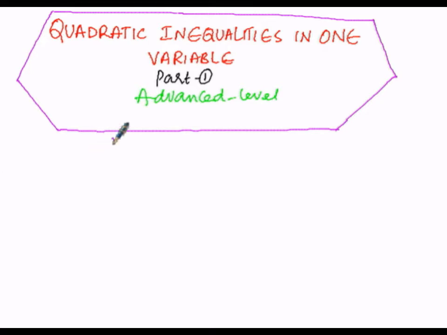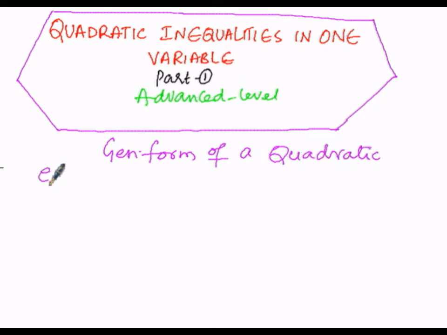So here the general form of a quadratic equation is ax square plus bx plus c equals 0, in which the coefficient of x square is a.